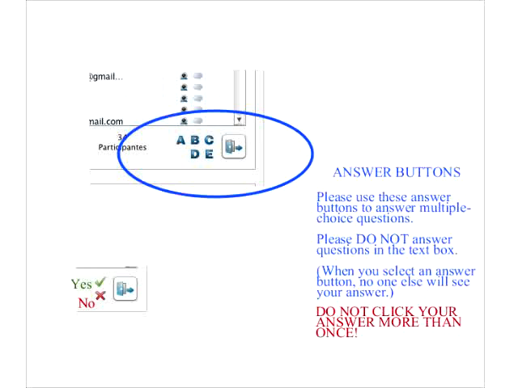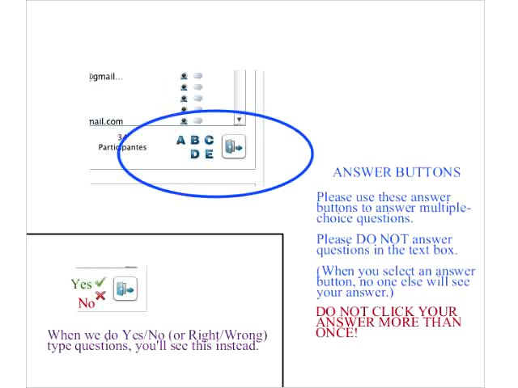So when we do yes, no, or right, wrong type questions, you'll see this instead. So that's what should be on the screen right now, because we're going to do a couple of yes, no type options first.